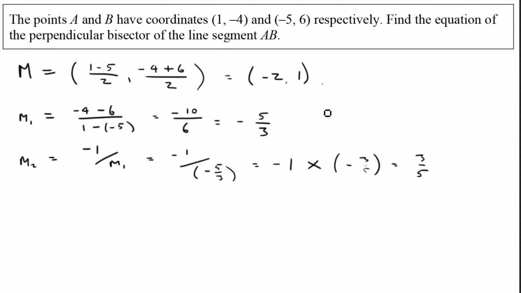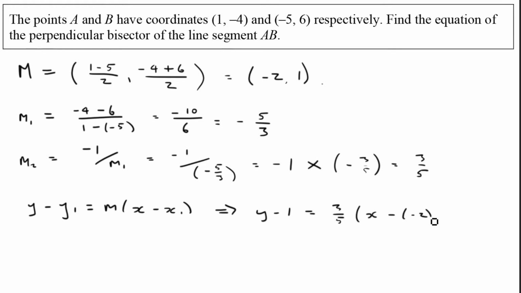Now we have a point and a gradient, so finally the equation of the perpendicular bisector using y minus y1 is m(x minus x1). That equation is y subtract 1 is 3/5 into (x subtract -2).